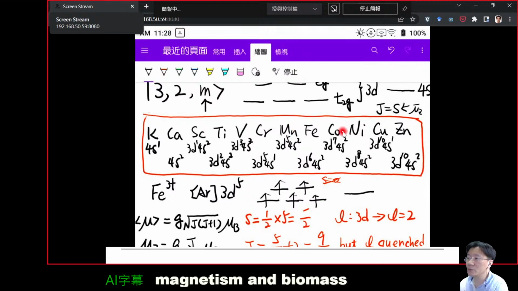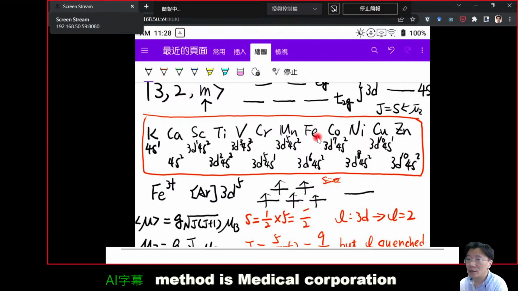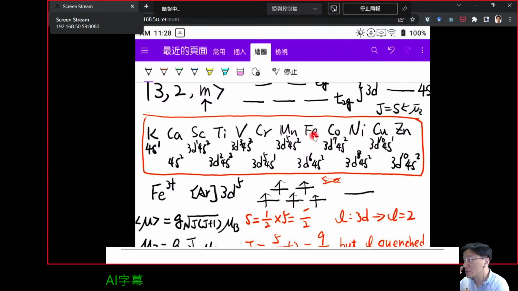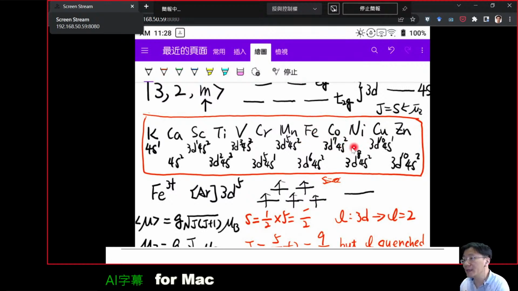Of course, sometimes we will use cobalt and nickel, but cobalt and nickel will have less saturation magnetic moment than iron. By the way, cobalt is much more expensive than iron. So these 3 elements are very useful for making a magnet.